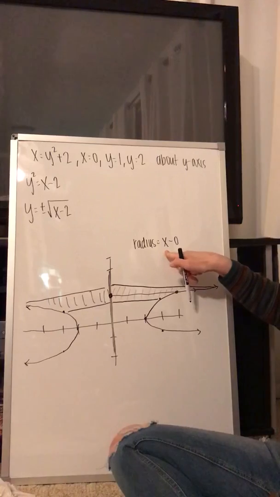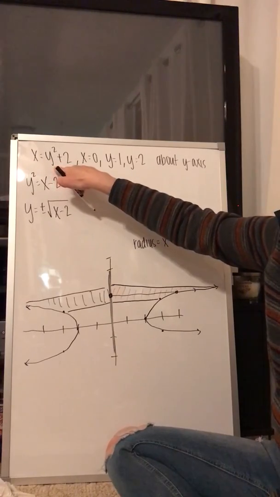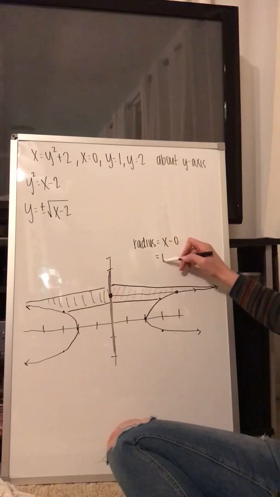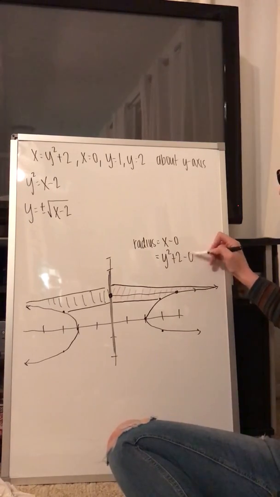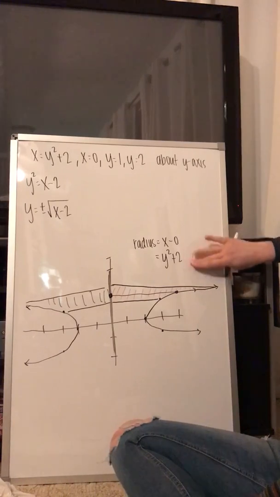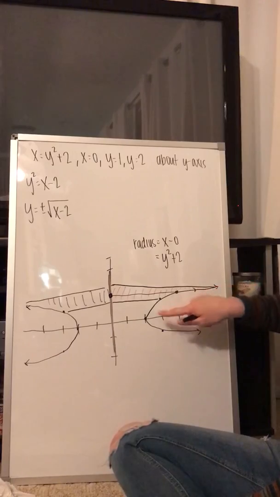But I don't want to know this in terms of x, I want to know it in terms of y. Since we're given the function up here, my function is already in terms of x equals. So my radius is actually just y squared plus 2 minus 0. Obviously that minus 0 doesn't really matter for anything here. So my radius is actually y squared plus 2, which again is just the function itself.